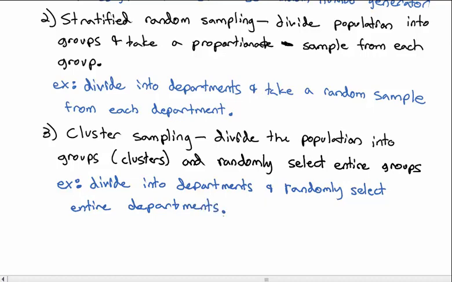In other words, with stratified, we split into departments and said, give me 2 random mathematicians. With cluster sampling, we divide into departments and say, hey, we selected the math department, we're going to take the entire math department. That's the difference between clustered and stratified. Stratified, we randomly select from the groups. Cluster, we randomly select entire groups.